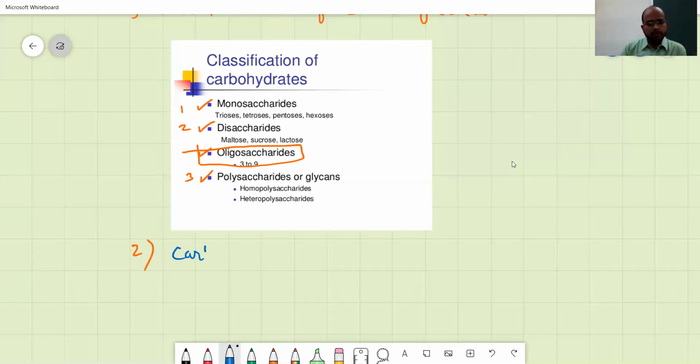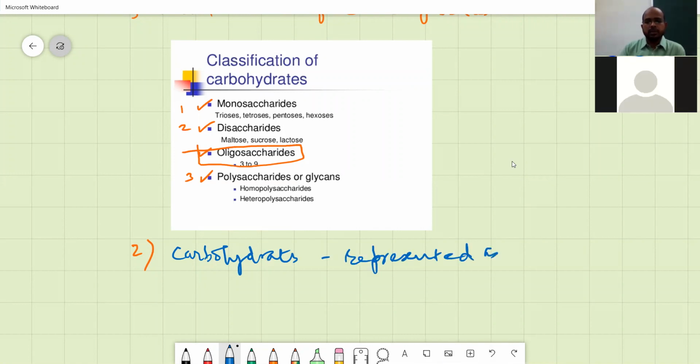And then the next part that is often asked in the examination is whether the carbohydrates are represented as reducing sugar or non-reducing sugar. What does it mean?